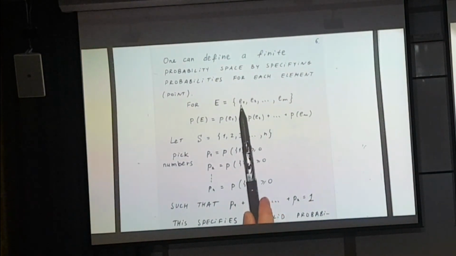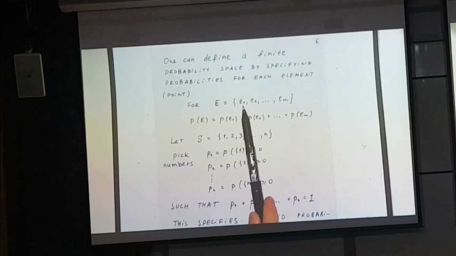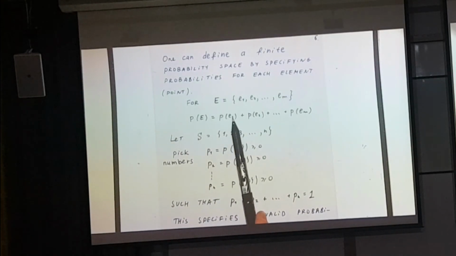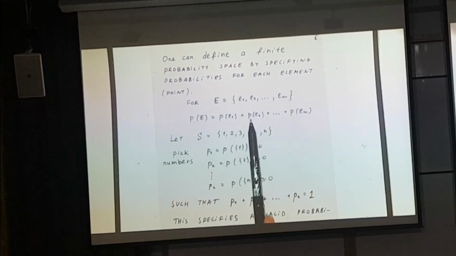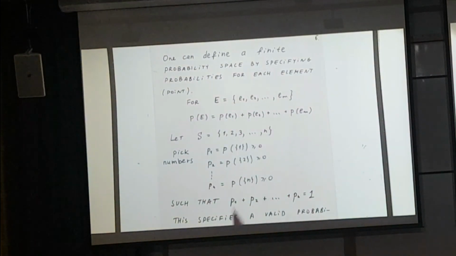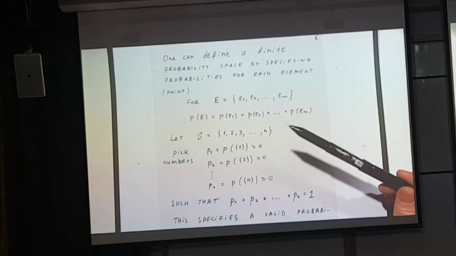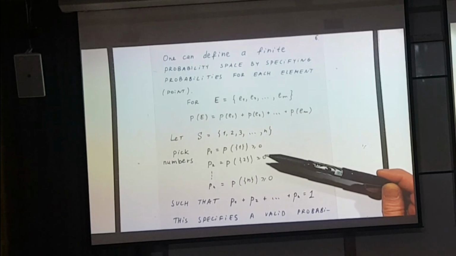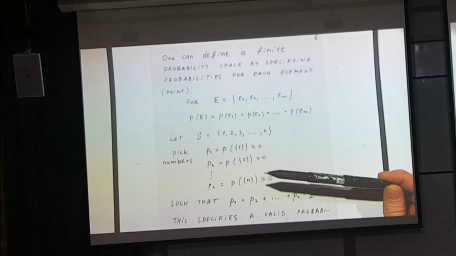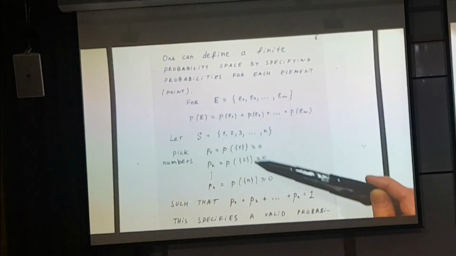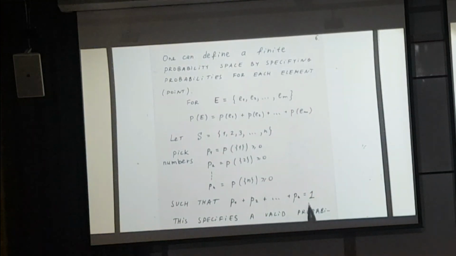For example, if the event E consists of certain points, E1, E2, and so on, E sub m, then the total probability is the probability of the first element, by which we mean, of course, the one element subset, plus the probability of the second element, and so on. Just sum them up. So to summarize, say slightly differently, if you want to specify a probability function, it suffices to specify its values on single elements, which could be just some non-negative numbers, and they all must add up to 1, right?